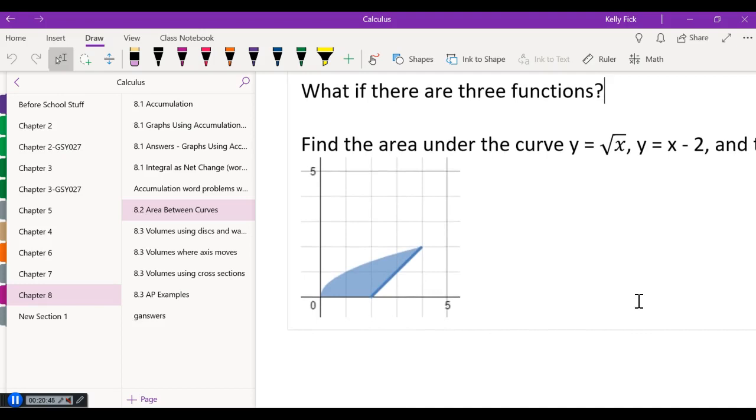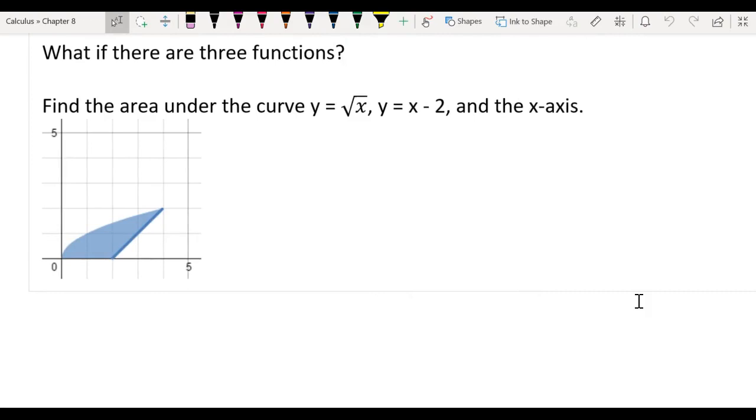Now, there's one more thing we need to talk about. Sometimes weird things happen in these area under the curve problems. So for example, do you guys see how this is actually two, like top, bottom, it changes here?